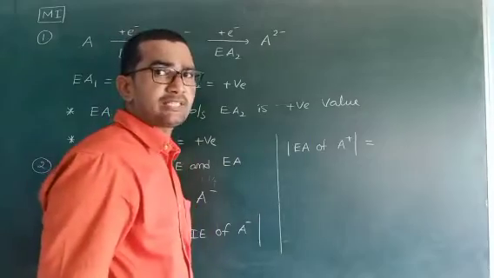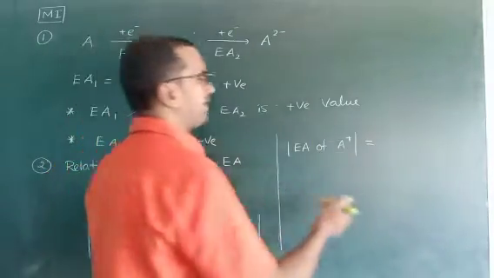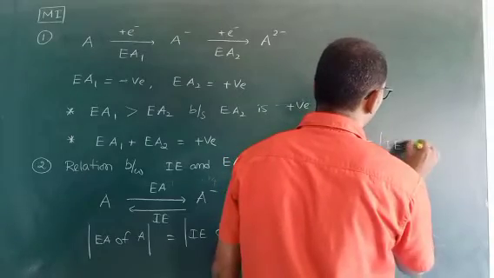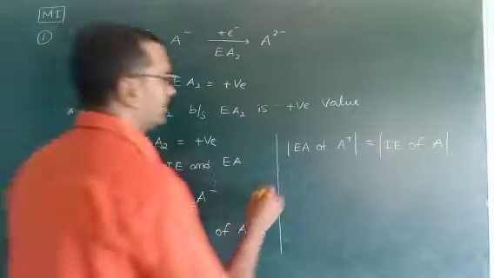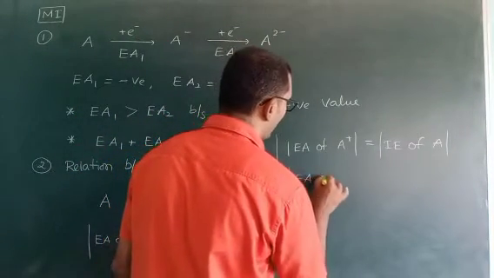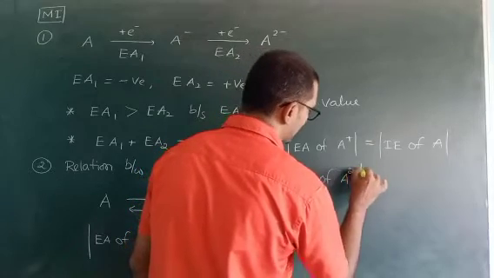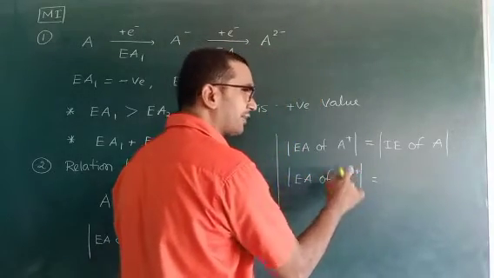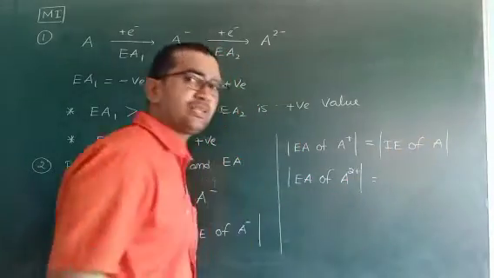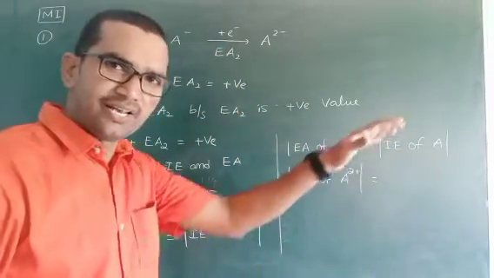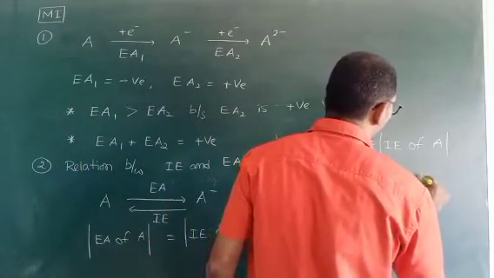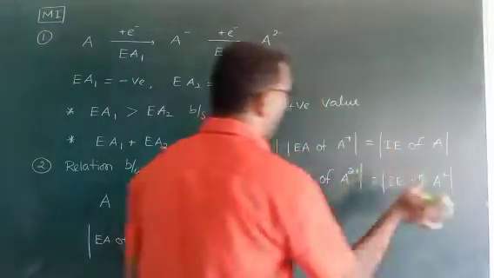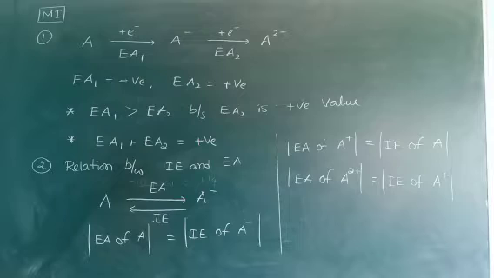Adding one electron to A plus means it is converted to A. So A converted to A plus means IE of A. One more: EA of A2 plus means adding one electron, then A2 plus is converted to A plus. Now removing that electron, that is IE of A plus. Same values. Write down, all of you.